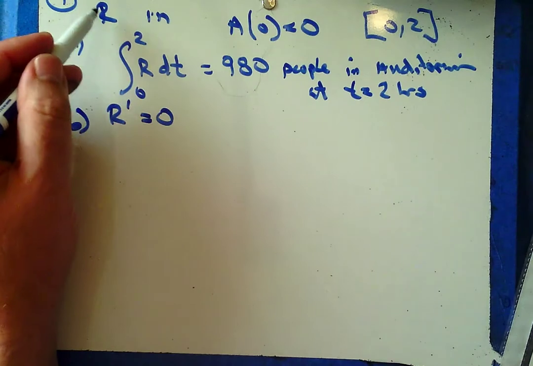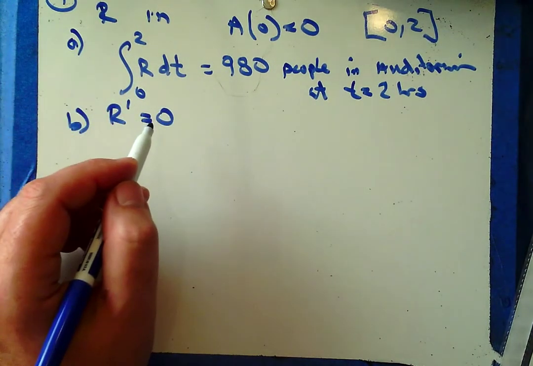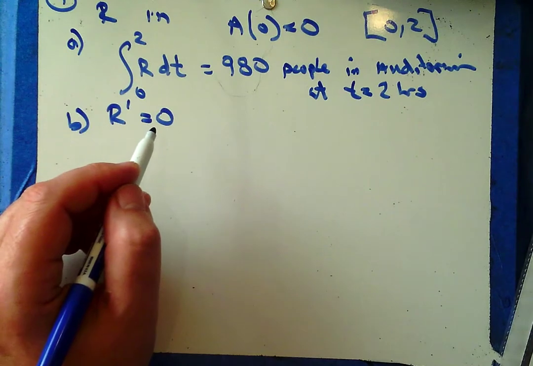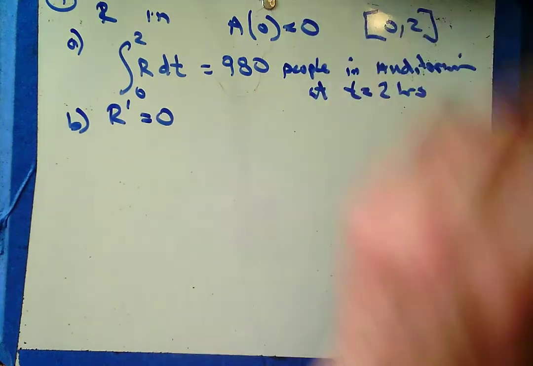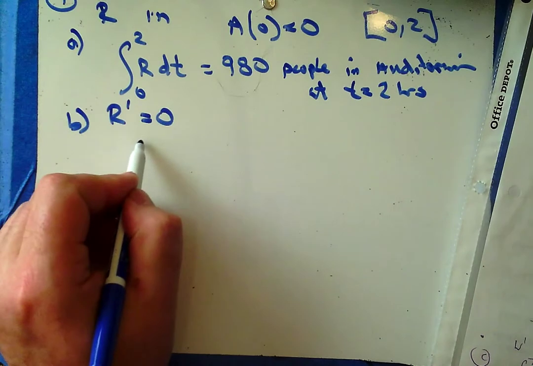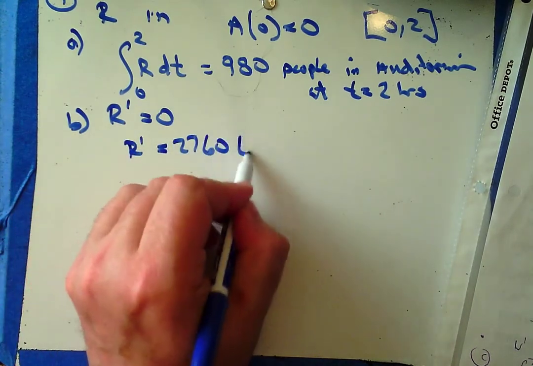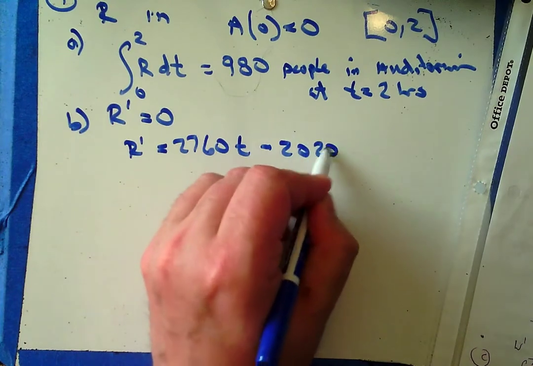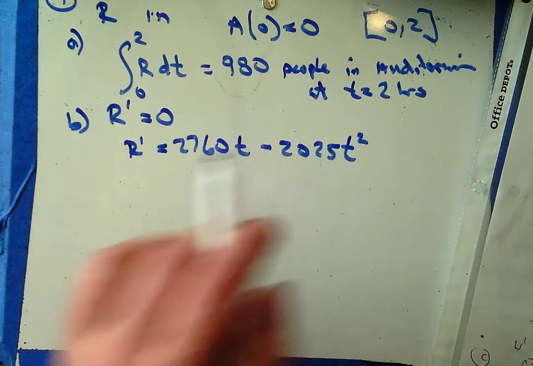This is the rate function, and the rate will have a max when r prime is equal to 0. It's not that hard to take this derivative of r and get that r prime is 2760t minus 2025t squared.